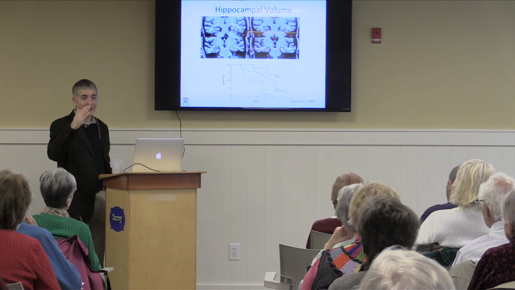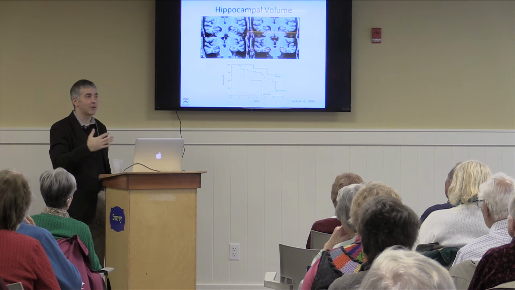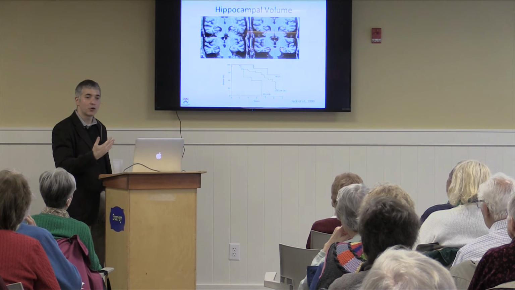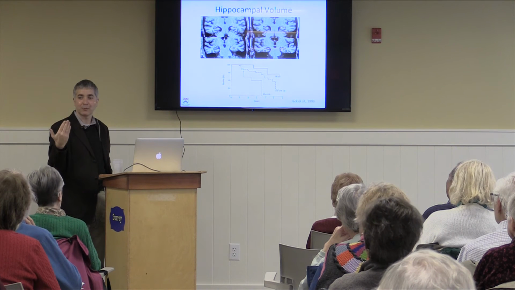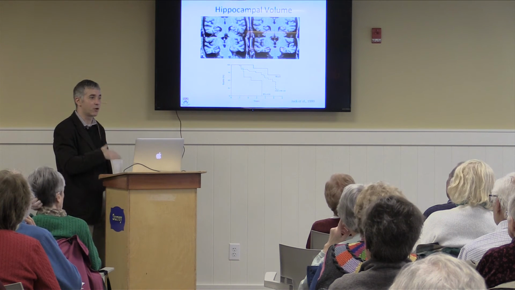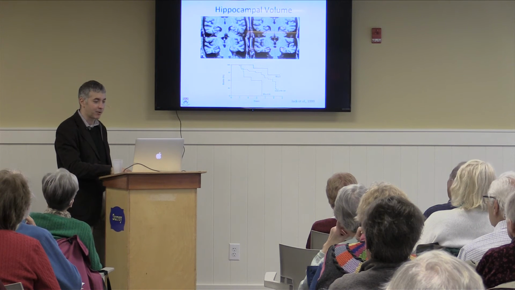And so we can actually stratify people based on these studies and say your risk of developing the disease is much higher because your brain looks more like an Alzheimer's disease patient, or your risk is quite a bit lower.